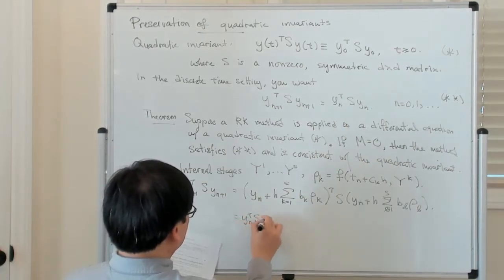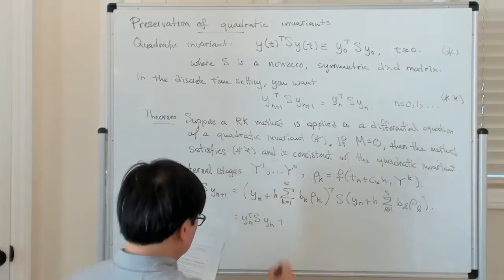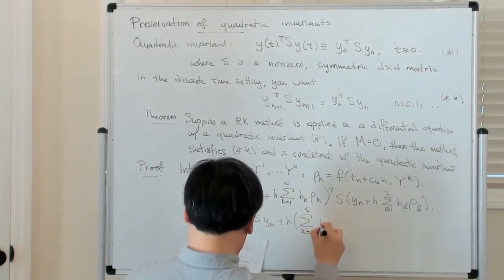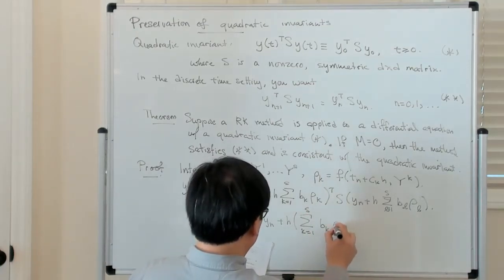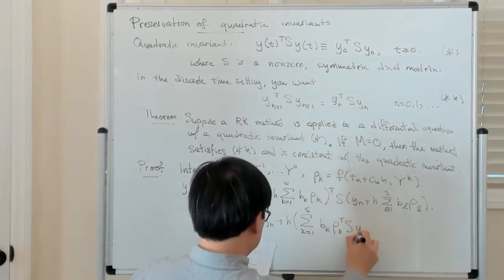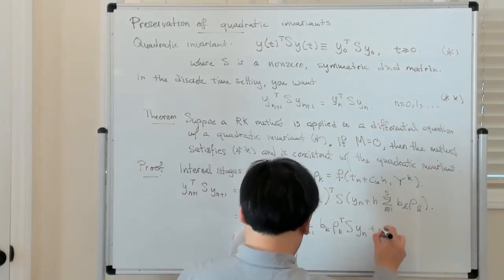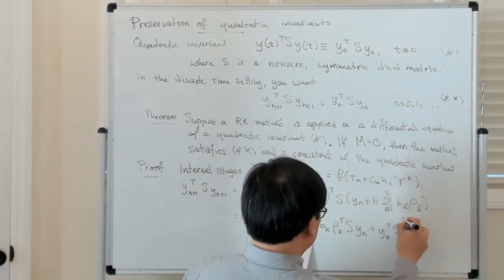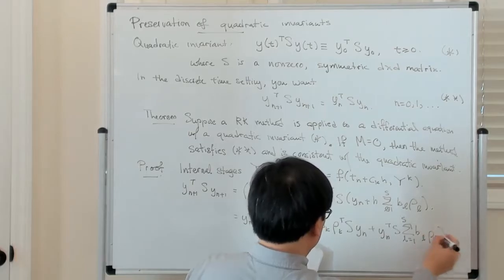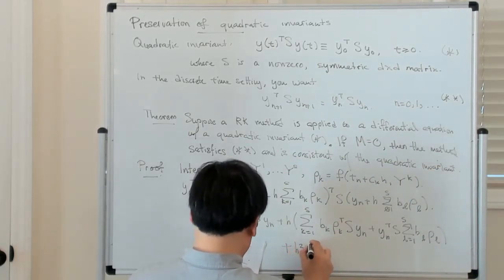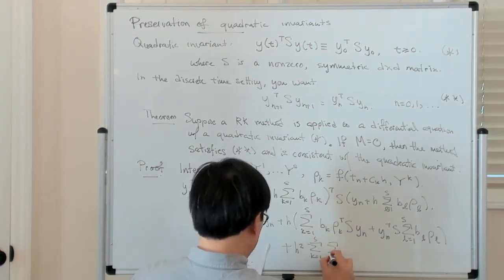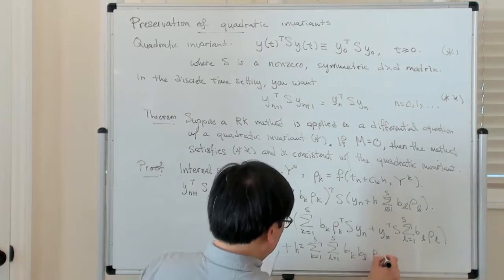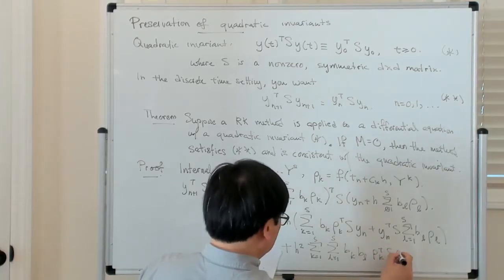So this is y_n transpose S y_n, plus then the cross term: h times the sum from k equals 1 to s of b_k rho_k transpose S y_n, plus y_n transpose S times the sum from l equals 1 to s of b_l rho_l, plus h squared times the sum from k equals 1 to s, sum from l equals 1 to s of b_k b_l rho_k transpose S rho_l.